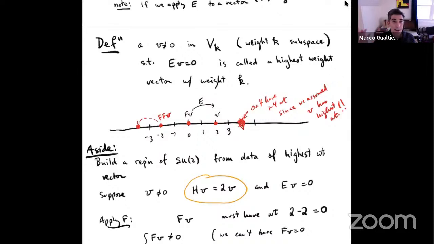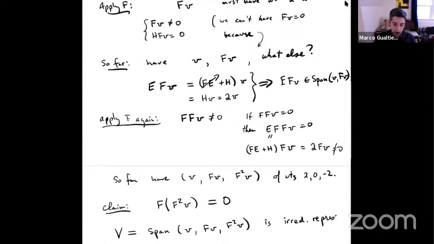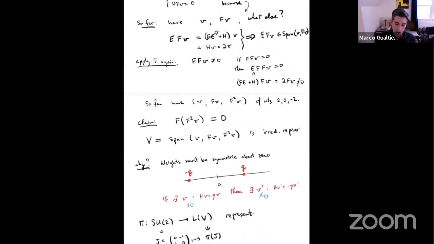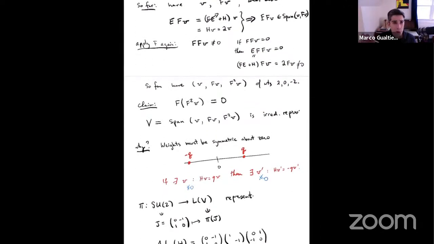Now you could add another highest weight vector, which is totally orthogonal to this one, and you could build another representation, but then the result would not be irreducible. So in general, there could be many highest weight vectors, each of them orthogonal to the others.